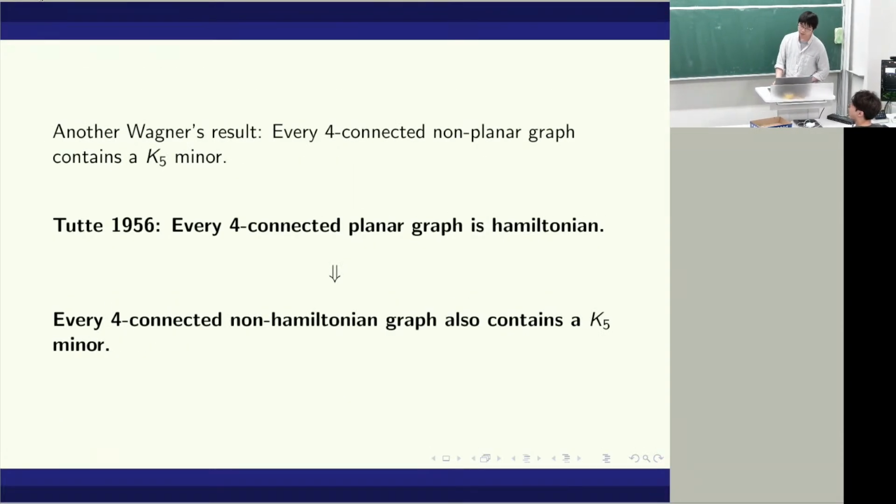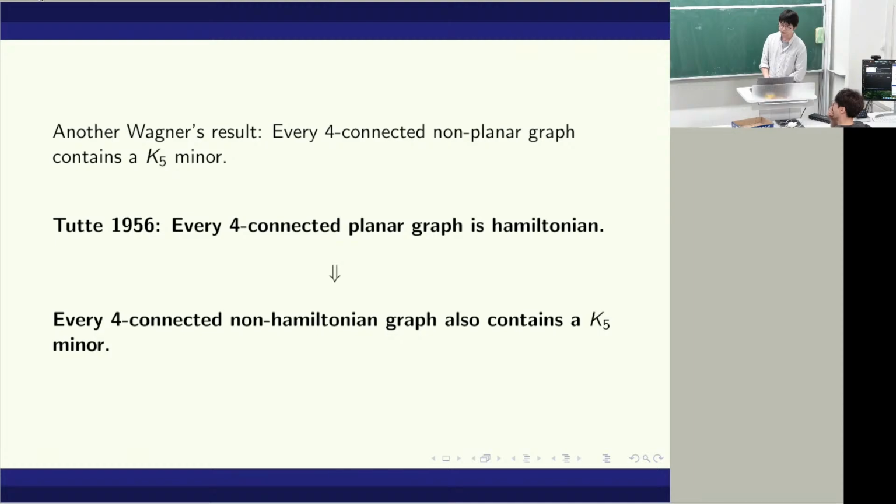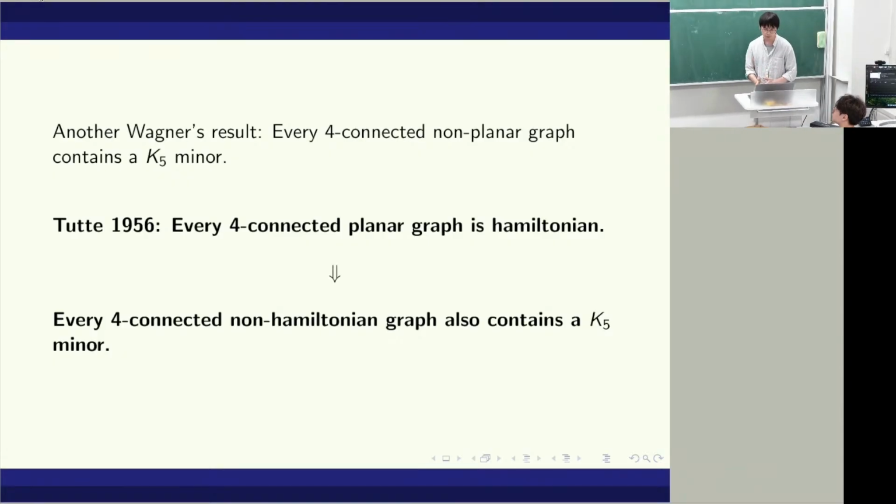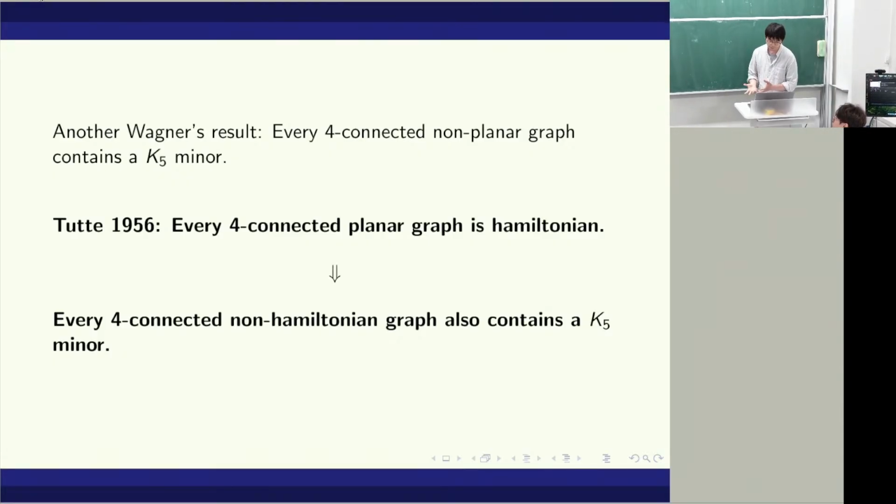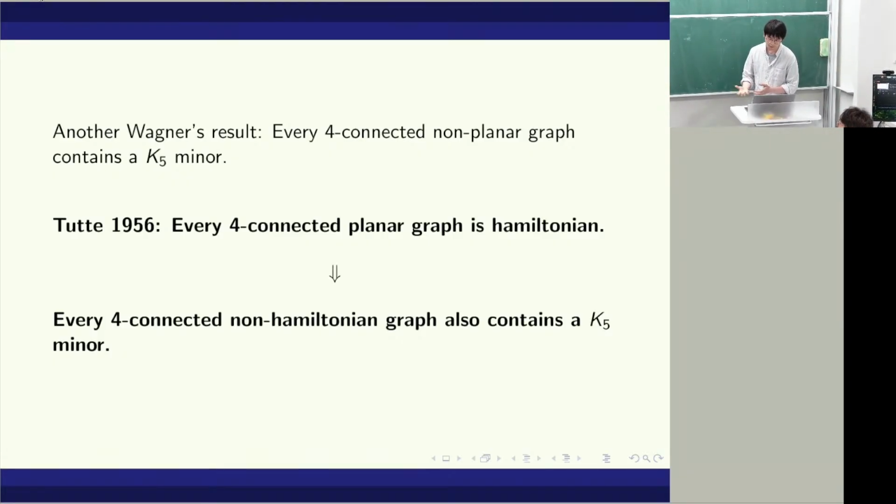There is another result of Wagner which says that every 4-connected non-planar graph contains a K5 minor. Similarly, we can use such results to conclude that every 4-connected non-Hamiltonian graph, which must be non-planar, must have a K5 minor.